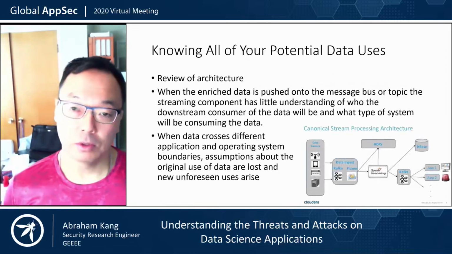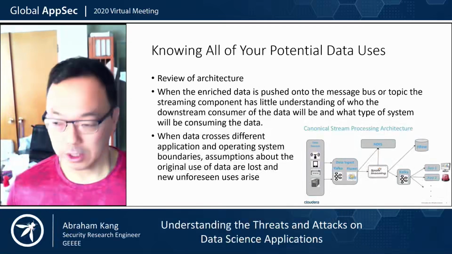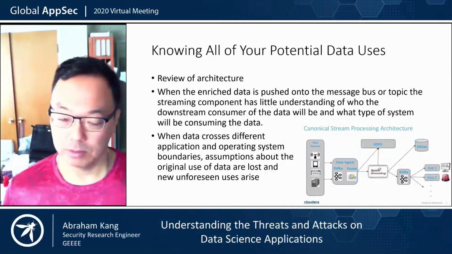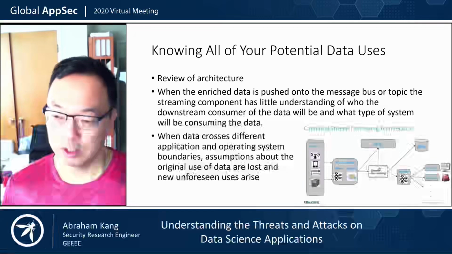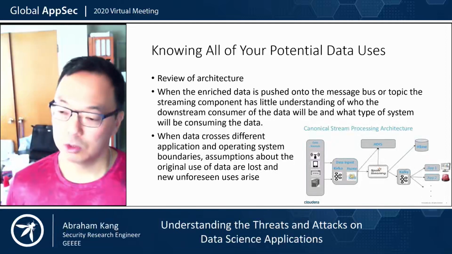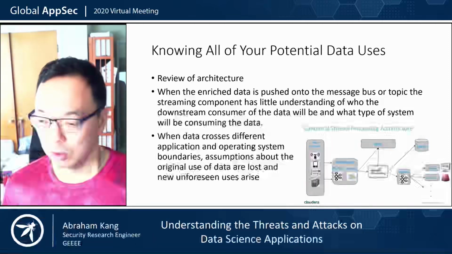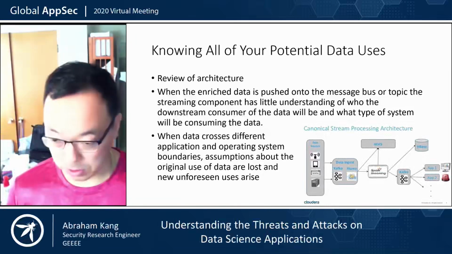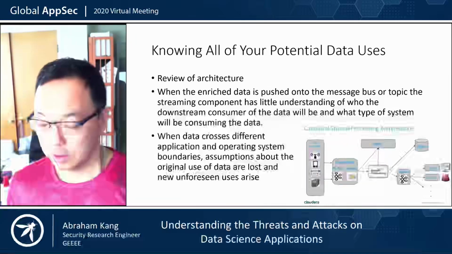And finally, we have knowing all of your potential data uses. So, look at that picture again. We have input coming in, going into these messaging queues that is then sent to different components for processing, enrichment, and stored in different databases. And then that data could be sent to another messaging queue, which could be sent to other apps, which process it, and those apps send it to another messaging queue, which then sends to other apps.